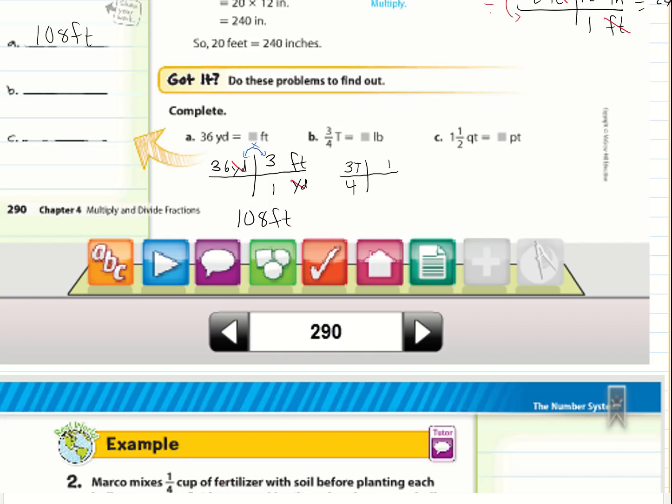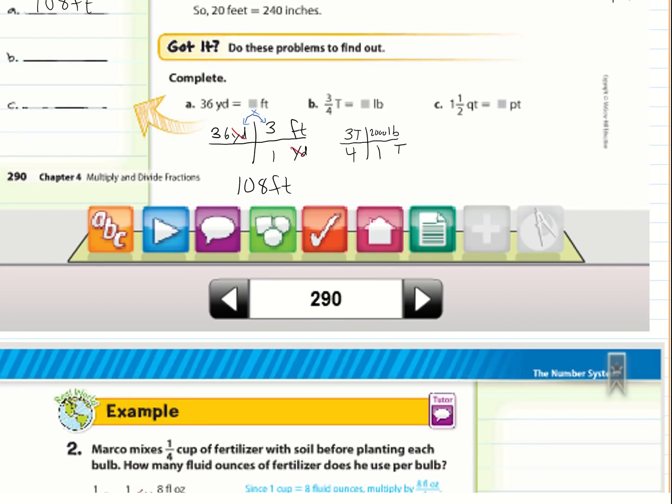And then we need this to be in pounds. So I know my tons need to be on bottom. 1 ton is going to equal 2,000 pounds. Now that I have my tons on top and bottom, my tons are going to cancel. And I can do either or.